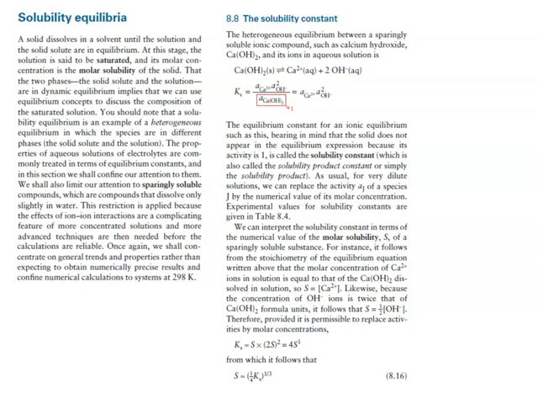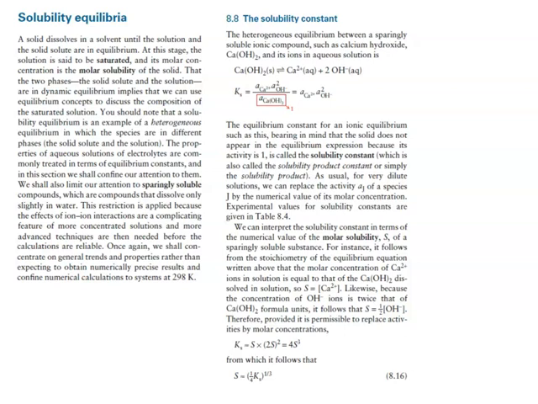The properties of an aqueous solution of electrolytes are commonly treated in terms of equilibrium constants, and in this section, we'll confine our attention to that. We shall also limit our attention to sparingly soluble compounds, which are compounds that dissolve only slightly in water.